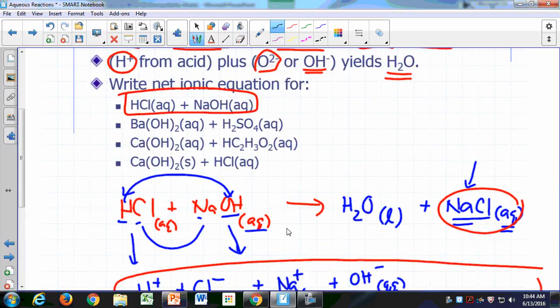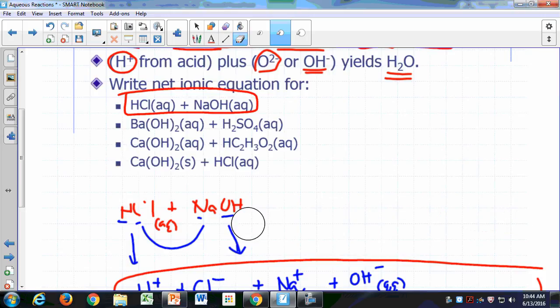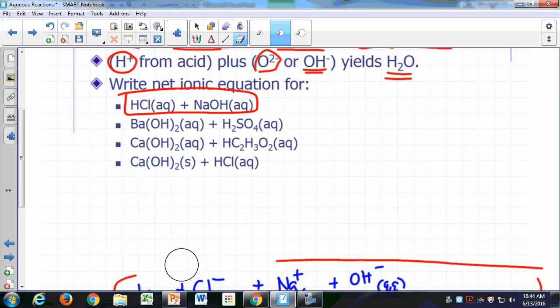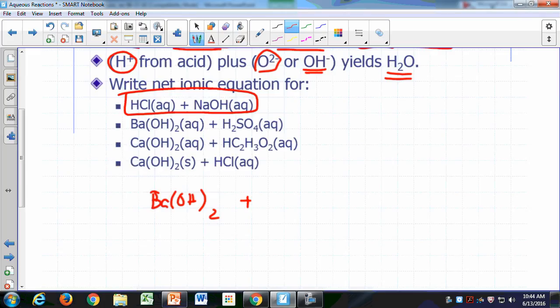Alright? Let's take a look at another example here. Let's look at the second one. Barium hydroxide plus H2SO4.